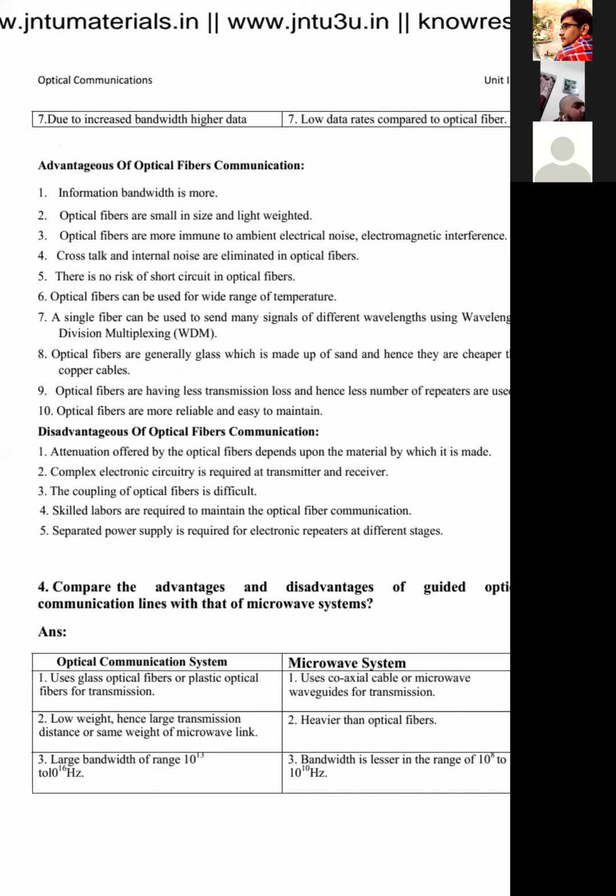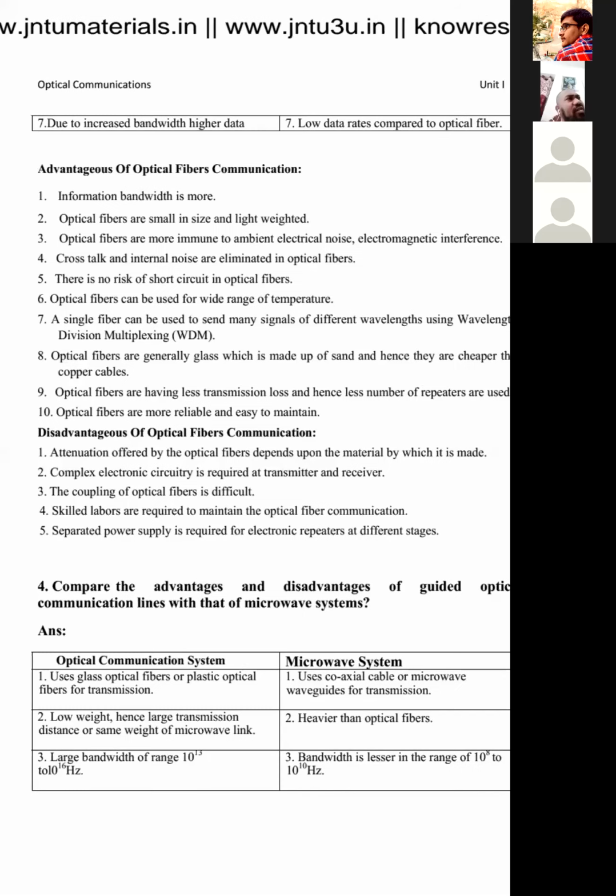Next, they are immune to RF interference. Next, they require high bandwidth and higher data rates. They don't require external circuitry. They are electrically isolated. And they have less loss while transmitting the data.